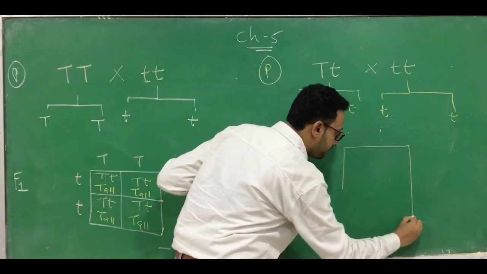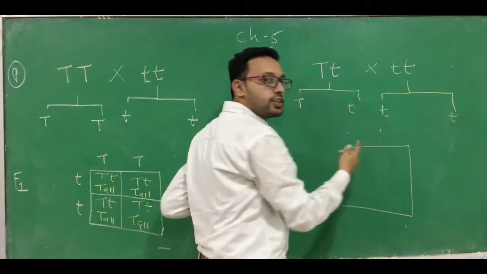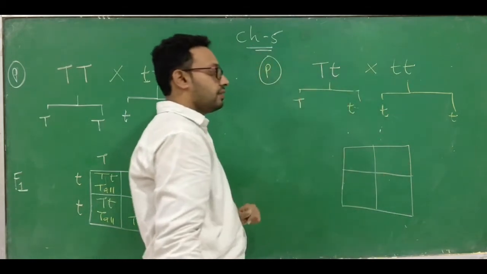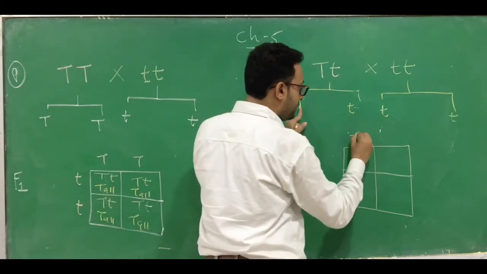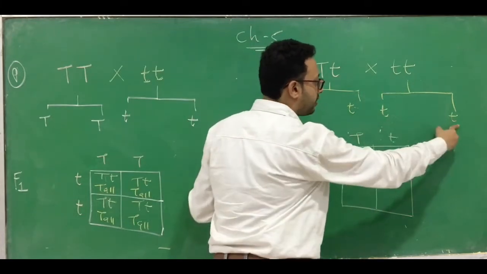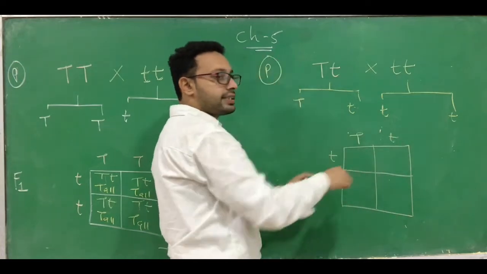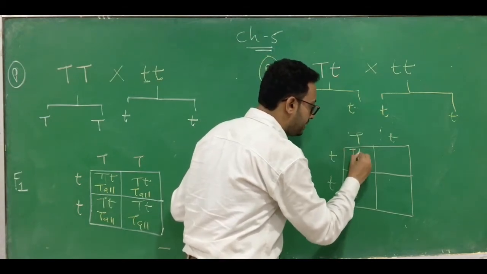Make a square. 2 gametes, so 2 2s are 4. I have to make the 4. On one side one gamete, so I am writing capital T, small t. On the other side, another gamete, small t. Now mix the row and column. So here capital T, small t.